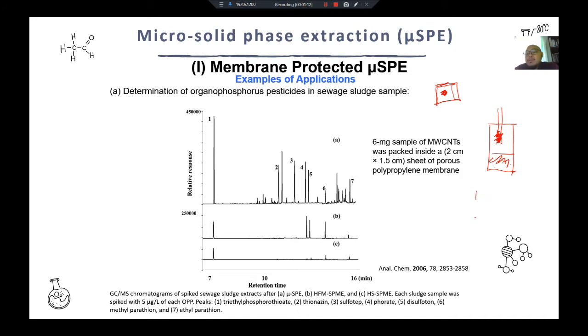So I think it is directly immersed, the hollow fiber directly immersed in the solution. If you look over here, of course, usually direct immersion will provide much more extraction, but the problem is that you can also absorb all the interference.